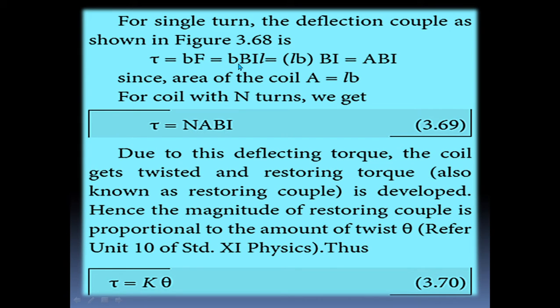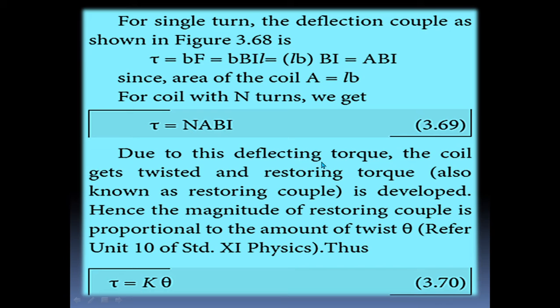Here length into breadth is nothing but the area of the rectangle. So LB can be written as A, the area of the coil, giving ABI. For a coil with N turns, we get tau is equal to NABI.